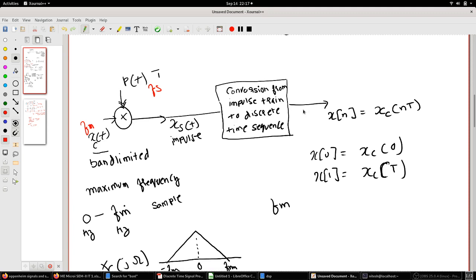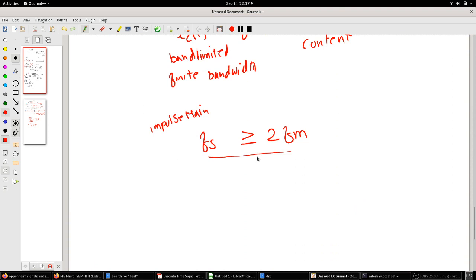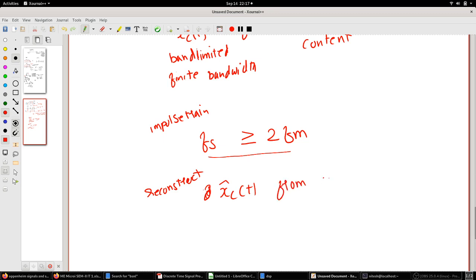So if fs and fm have a relationship where fs is greater than or equal to 2 fm, then we will be able to reconstruct xc of t from x of n. You will be able to get the original form back from these samples x of n.